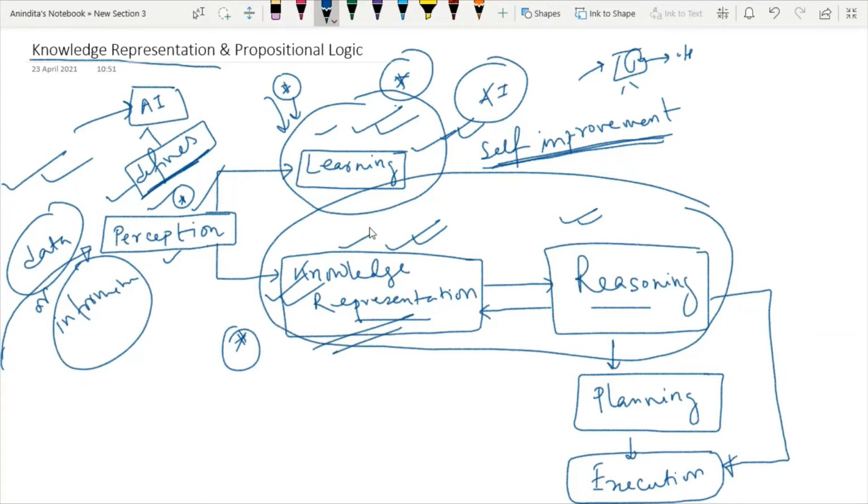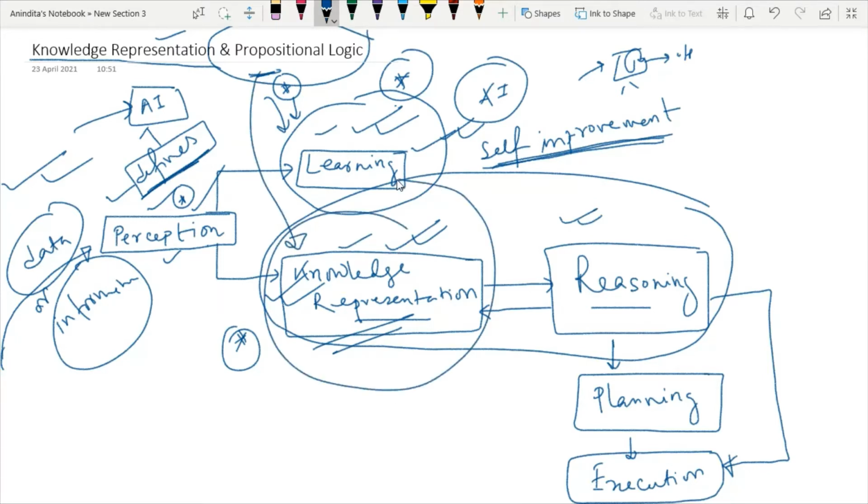Now we have to understand how propositional logic is related with knowledge representation. See, propositional logic is one of the simplest methods of knowledge representation for a particular machine. Proposition means, in one word, it is just a sentence.